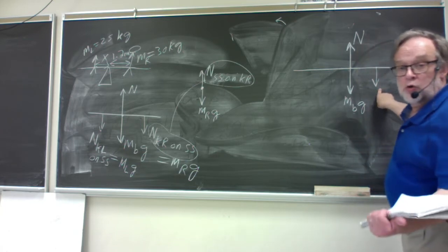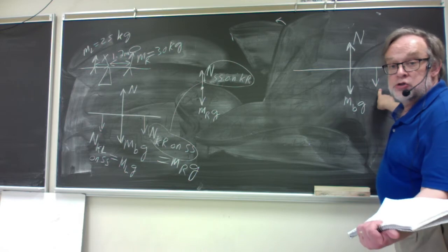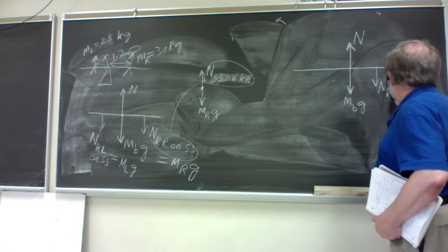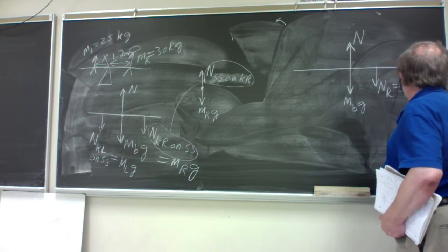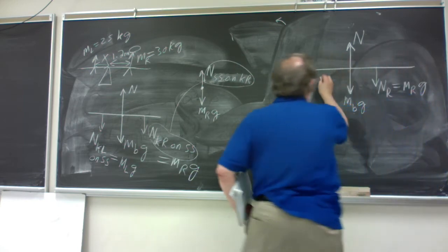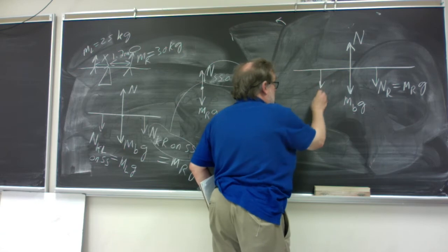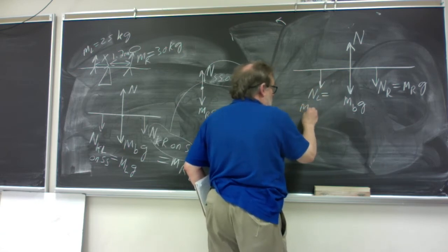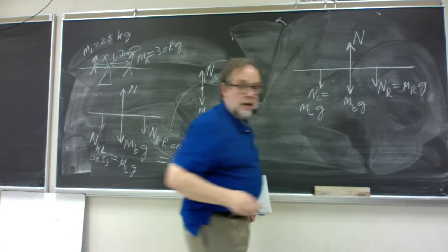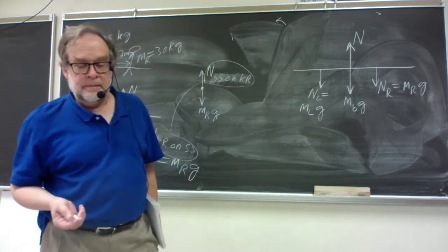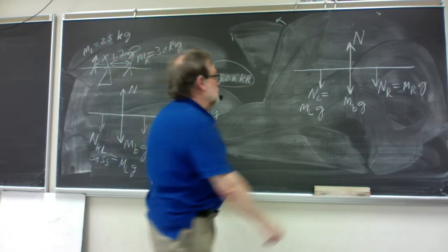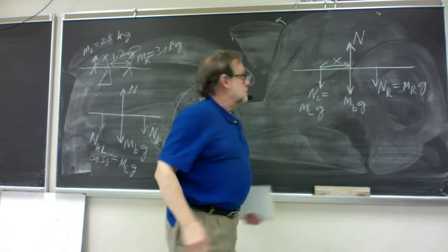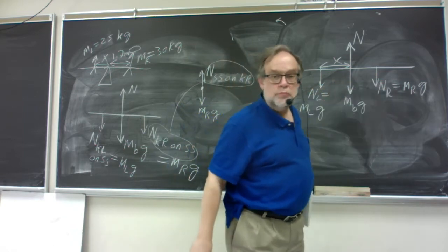That force is really a normal force, but it's equal to the weight of that kid. And then a normal force from the kid on the left, which is equal to the weight of the kid on the left. And remember, what we're trying to find is this distance here. We know that this distance is 1.2 meters.